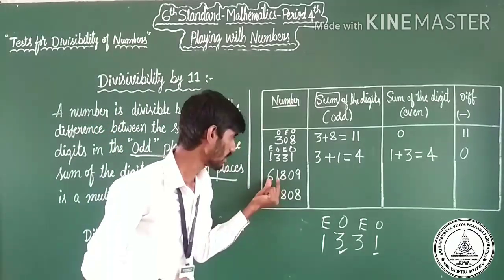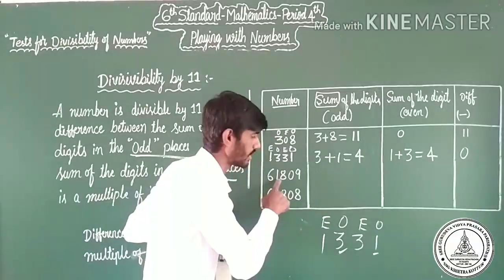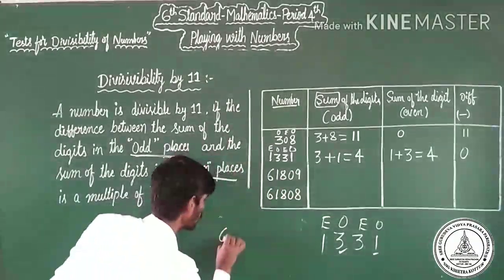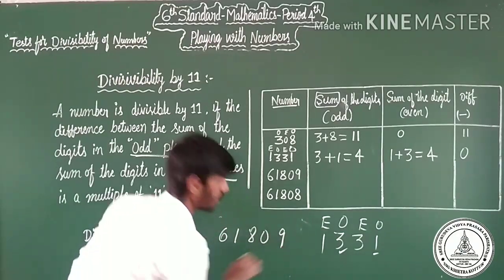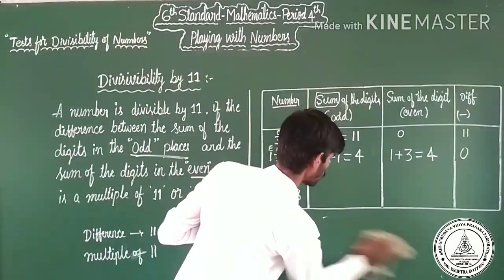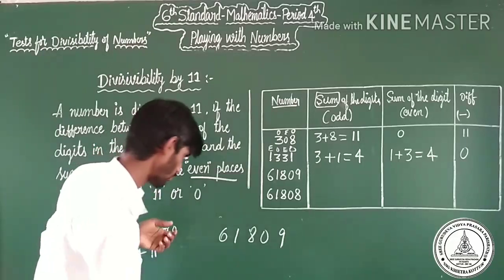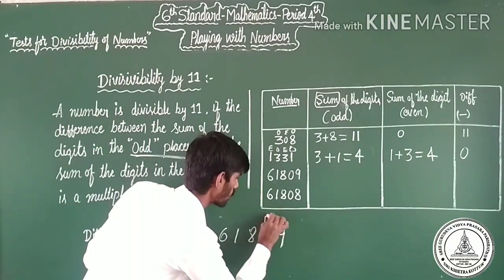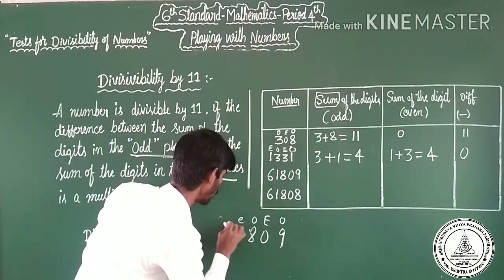Next example, observe here, 61,809. This is odd place, even, odd.